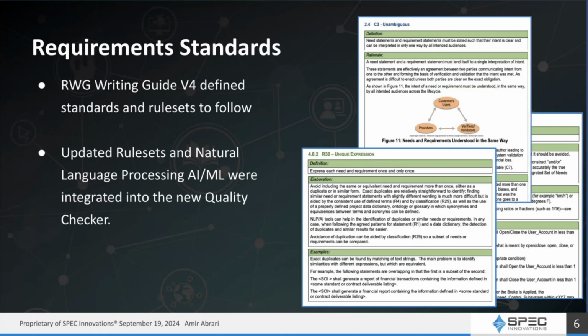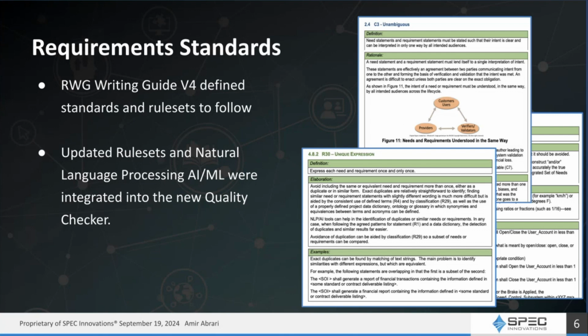So the requirement standards are parsed into many different rules, up to 30 to 40. Some rules are able to be quantified into our platform and into natural language processing, some are different in other ways, and we will go over them today. They were defined as rule sets.